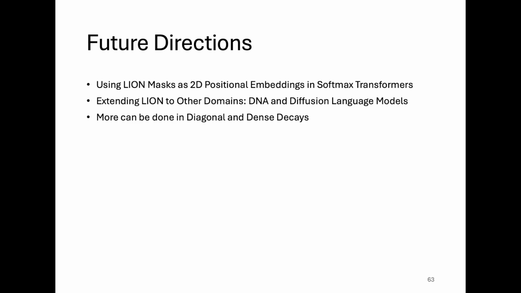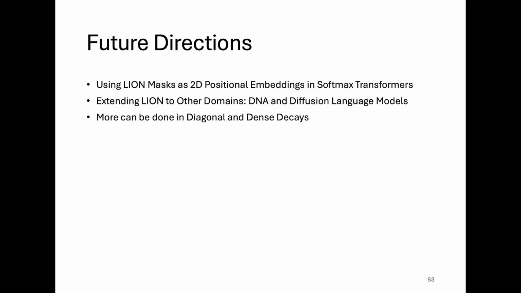We have done ablations on small scale datasets, but the effect of each of these components on very big tasks is a very nice direction for future studies. Also some other real world tasks such as DNA modeling and diffusion language models are very nice applications for the future.